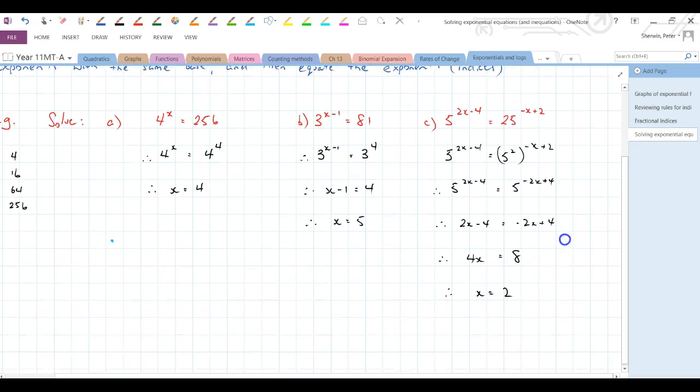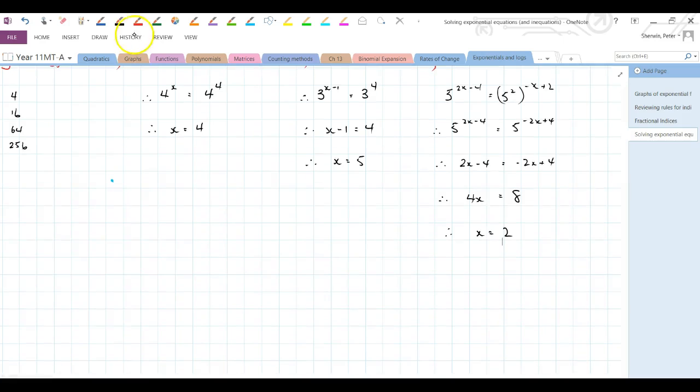I'm going to do one more example here, and it's just going to bring in another sort of technique that you might like to keep an eye out for. Alright, we're looking now to solve 9 to the power of x equals 12 times 3 to the power of x minus 27. Now, this is looking a bit different.